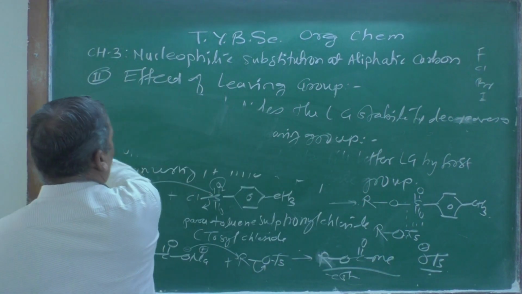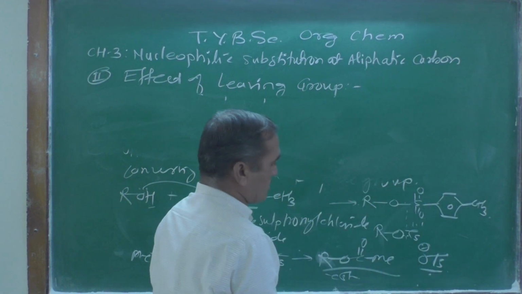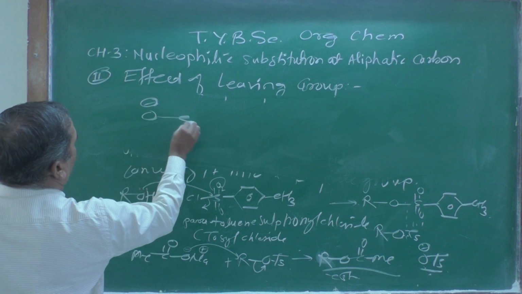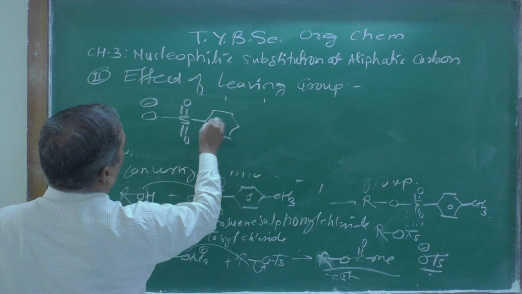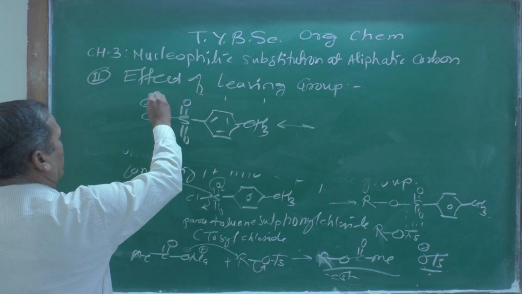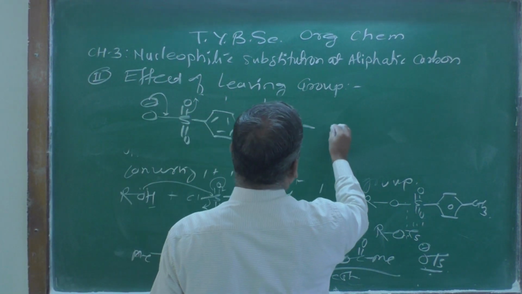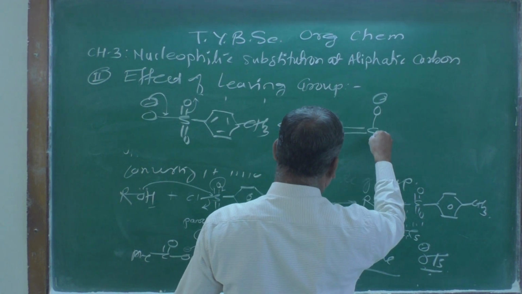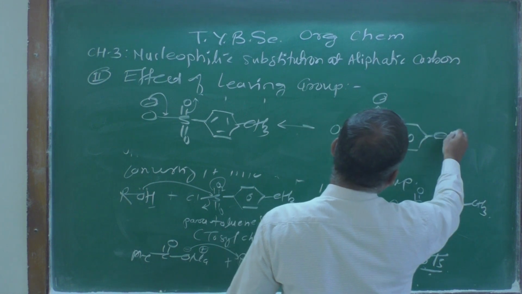Let us see over here why that tosyl group is an excellent leaving group. O minus, then S double bond O, then the para-toluene benzene group. It gets resonance stabilized: the negative charge comes here forming a double bond, giving O double bond S with O minus, and so on, with the benzene ring and CH3 as it is.